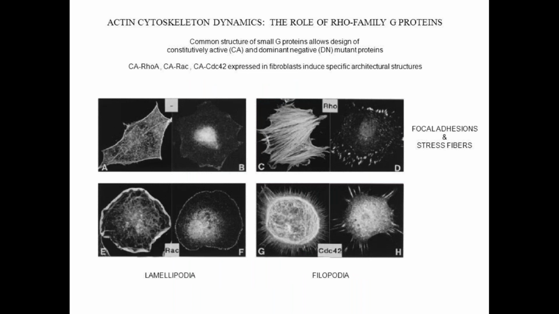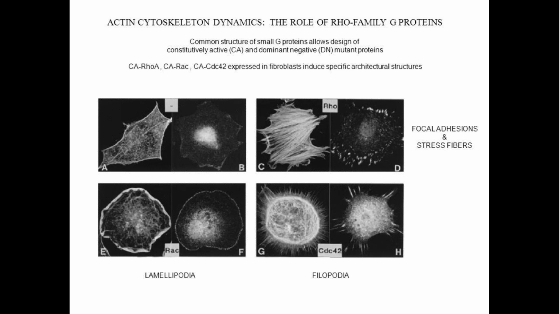So here are some pictures from a classic paper from Alan Hall's lab where they first identified these GTPases. Here is a basal fibroblast. If you put in an active form of Rho, you see all of these beautiful stress fibers that we've seen lots of pictures of. If you put in an active form of Rac, you don't get stress fibers at all.